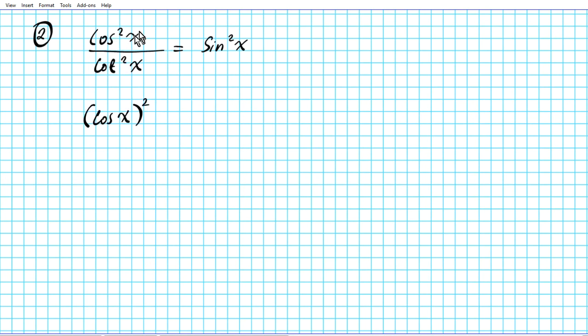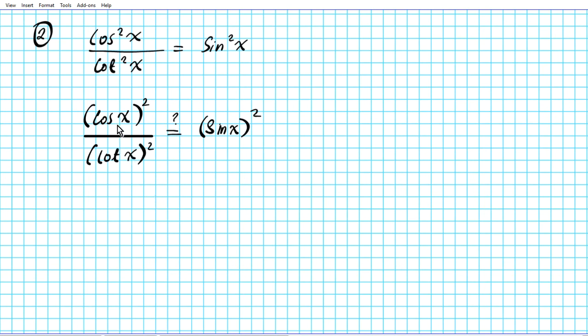But the standard way of writing it is cosine square x. Okay? So don't let that confuse you. And then cotangent square x is the same thing as cotangent x raised to the second power. And then sine square x is just sine x raised to the second power. So is this quotient on the left equal to the right?